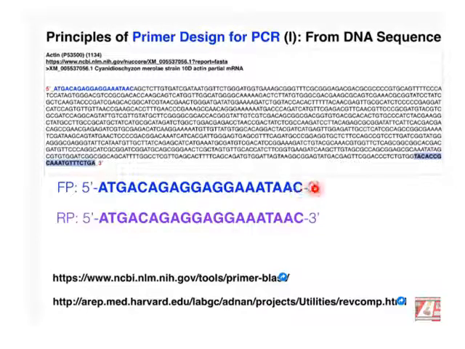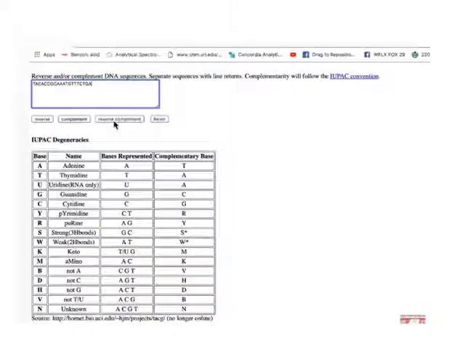For the reverse, we go to the end and count backward 20 nucleotides, but we have to do an extra step to get the reverse primer. So we use the other website. First, we copy the last 20 nucleotides, and then we click on the second website.